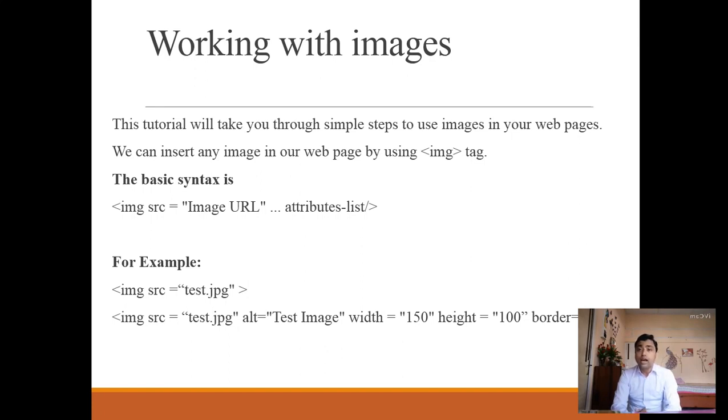So we use the img tag for image. The basic syntax is like this. We write img src. src is an attribute, img is a tag, and we give the image URL here and the other attributes are put here.